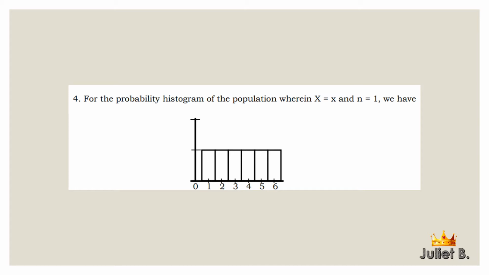We have 6 things taken 1 at a time, because our sample size is only 1. So, this is our population, 1, 2, 3, 4, 5, 6, and their probability is 1 over 6 for all. So if you notice, our histogram is uniform. There is no variation. Remember this when we have x equal to x and when n is equal to 1.